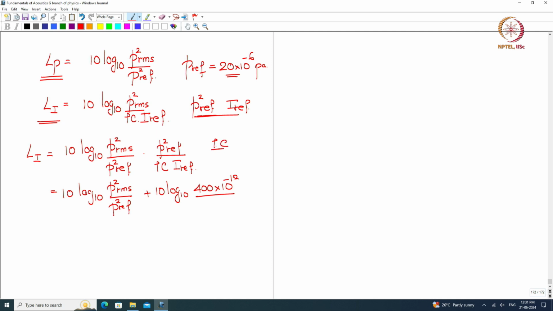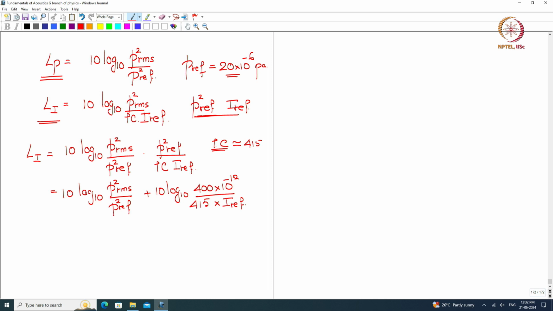Rho into C for air is approximately 415, somewhere in that range. It varies with temperature, humidity, etc. Then into I reference.